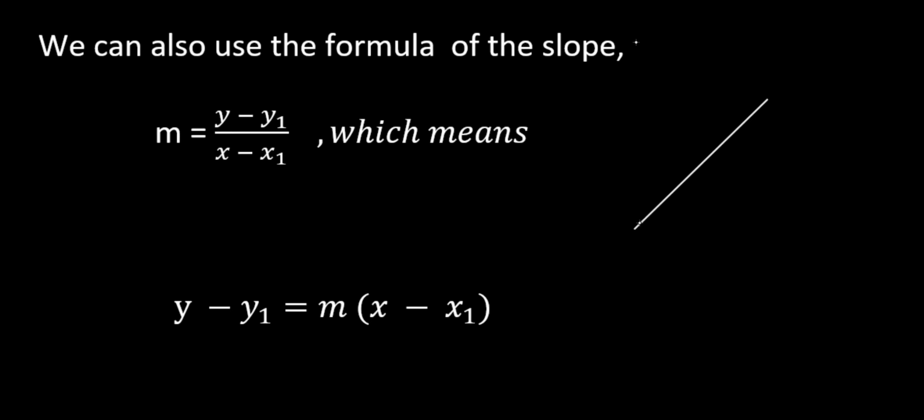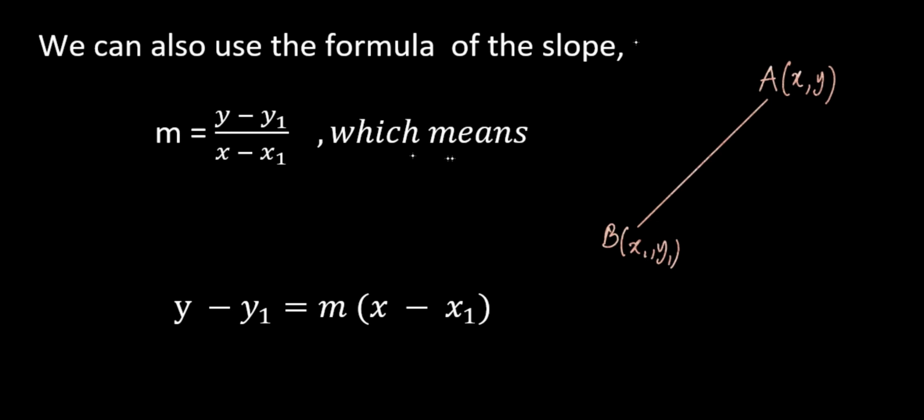Now let's look at the formula of the slope. We can see that if we have a straight line with points A and B, where A has coordinates x and y, and B has coordinates x1, y1, we can get the slope as I explained earlier.